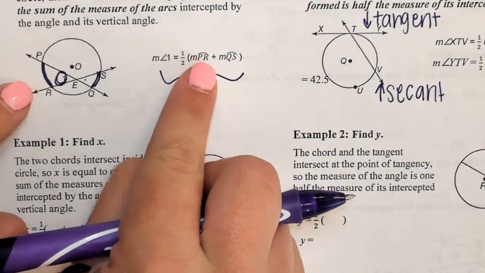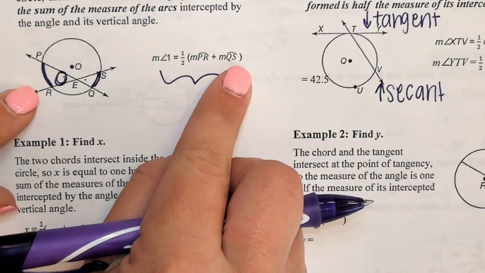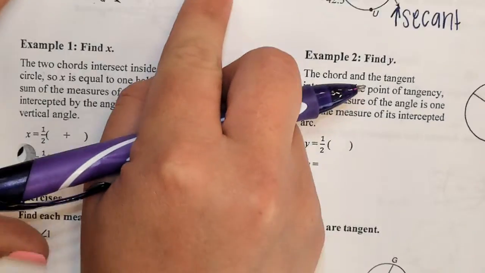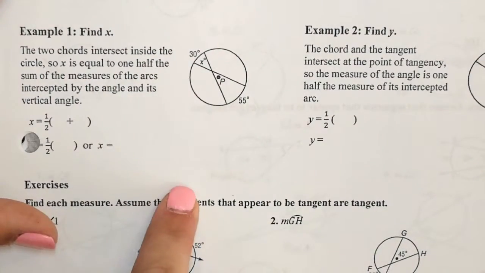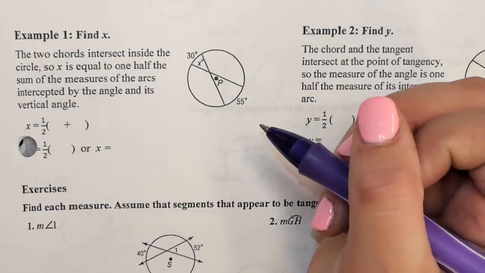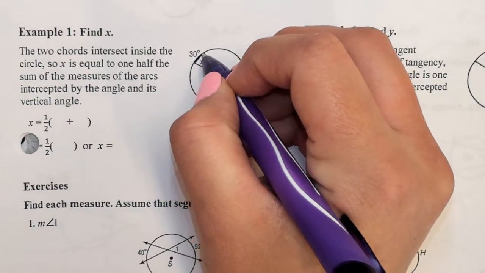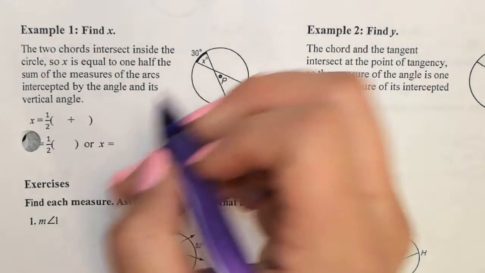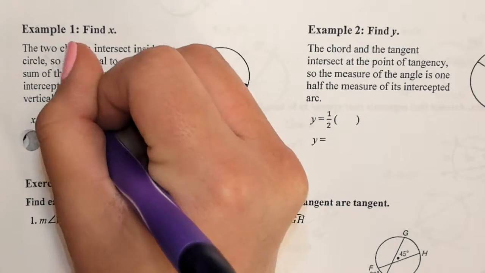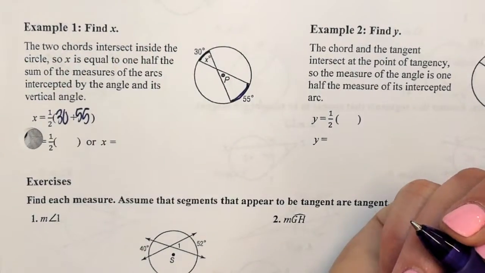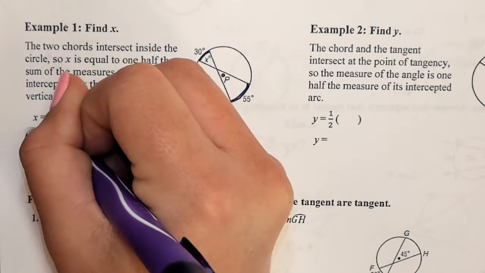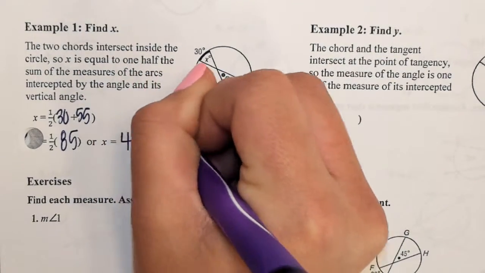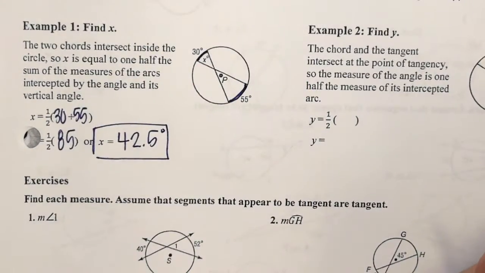You take those arcs, arc PR and arc QS, add them together and divide by 2. You want to find the inside angle. So take the two arcs on the outsides and add them together. Here we'll have 30 plus 55, divide that by 2. So your angle measure is 42.5.